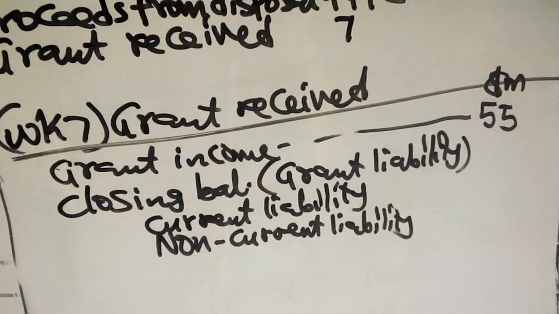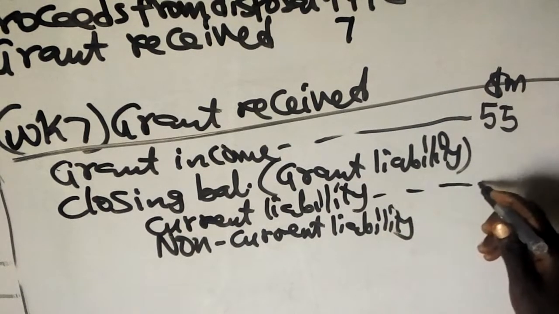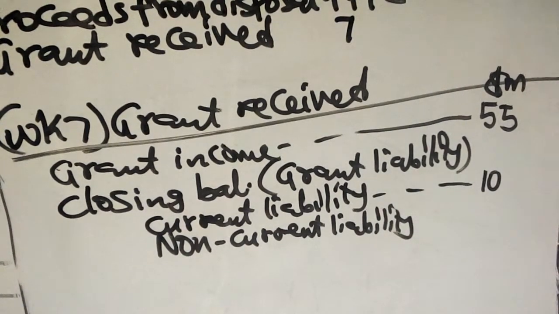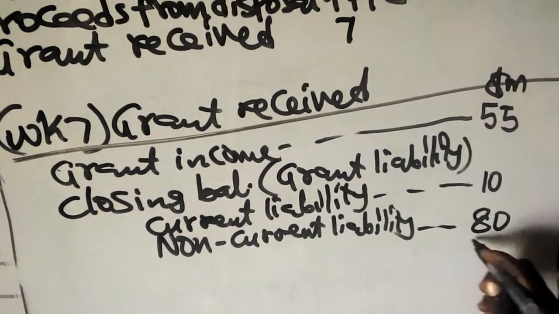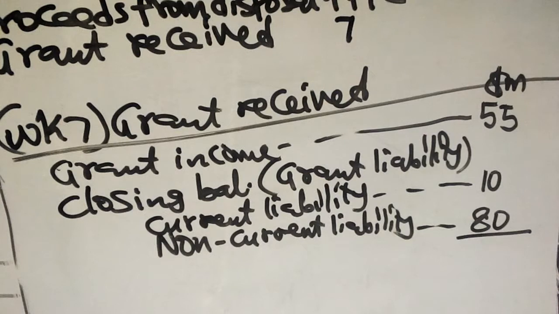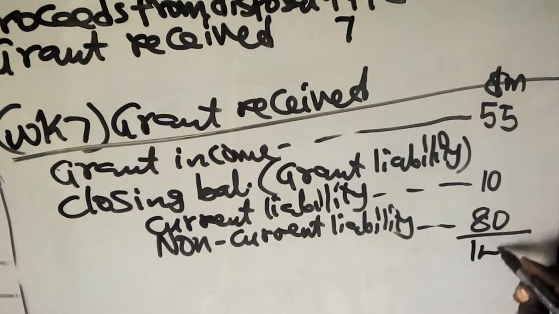The one under current liability, the closing balance is 10. While the one under non-current liability, the closing balance is 80. So 55 plus 10 plus 80, that will give us 145.